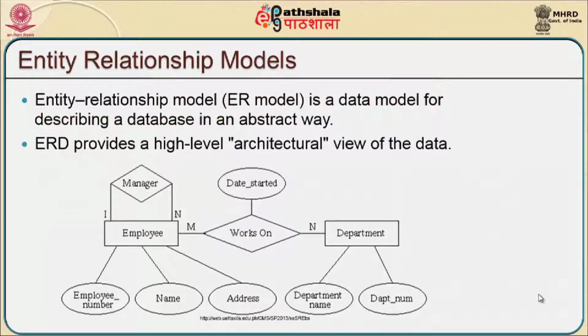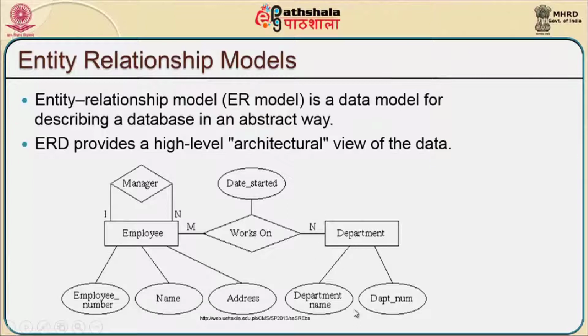One other representation will be the entity relationship models. This entity relationship model is a data model for describing a database in an abstract way. If I have to give a relationship between an employee and a department, then I put a relationship called works on. An employee works on a specific department, an employee can be a manager, an employee has a list of attributes.